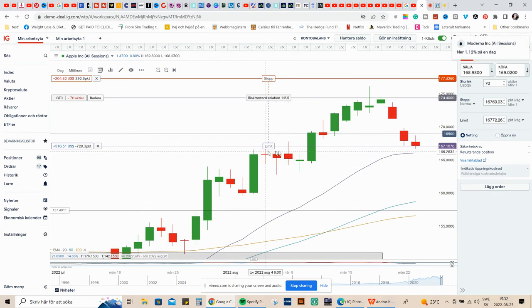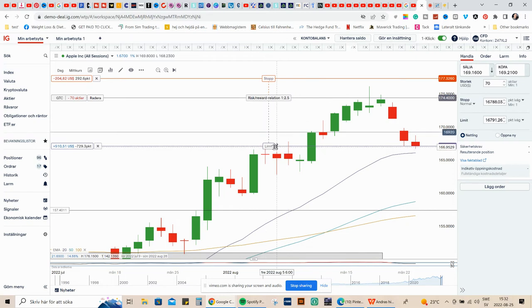You can see it had some resistance with the wicks here, and usually, as we see also now, yesterday the price didn't want to go further down because of this resistance level. That was a resistance level, which is now a support level here, where the buyers want to step in.